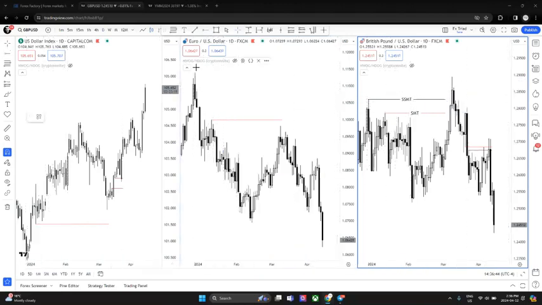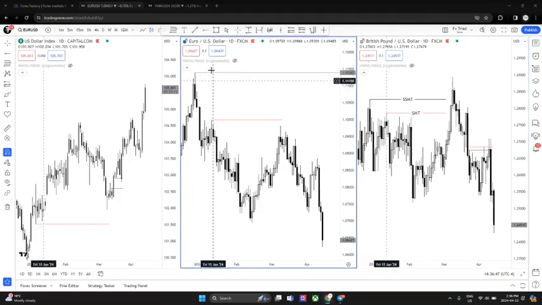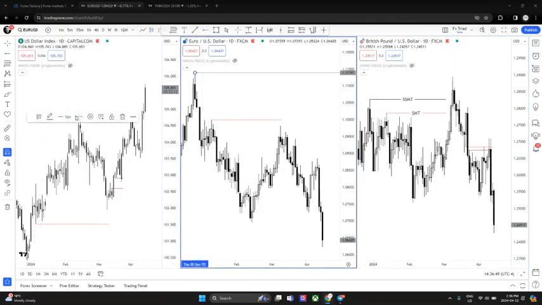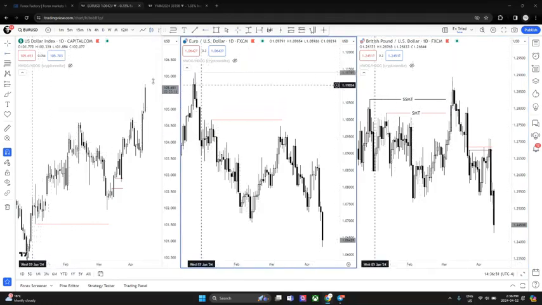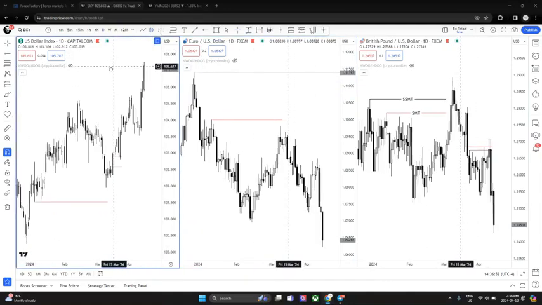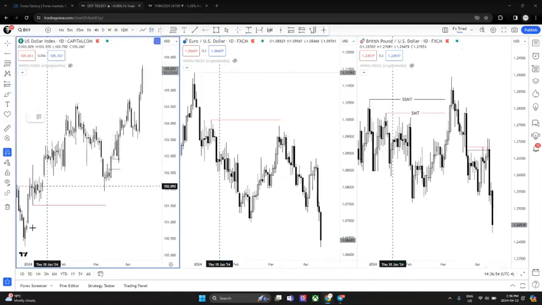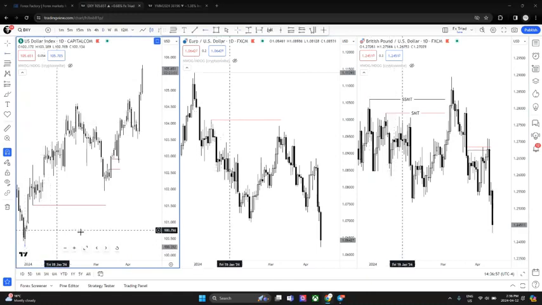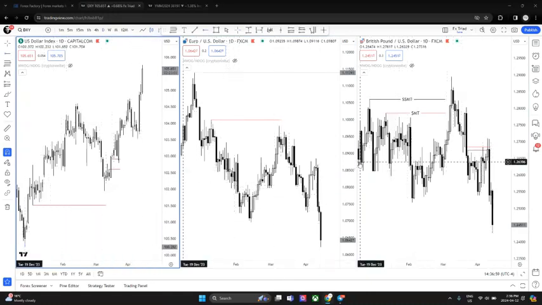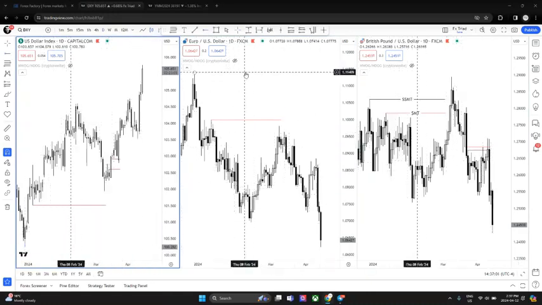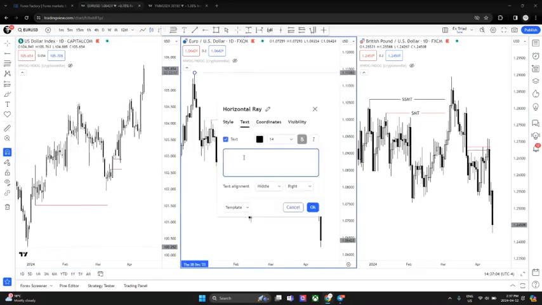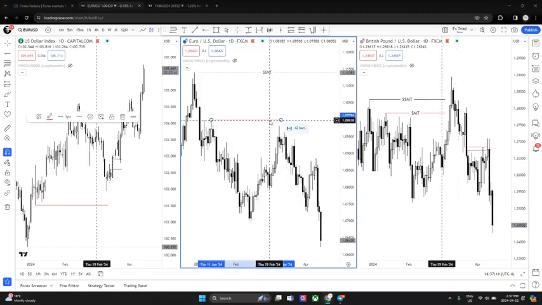Again, this high, price failed to go above it, and in regards to the dollar, we failed to go below this low. So again, let me try to make it a little bit easier to understand or see.